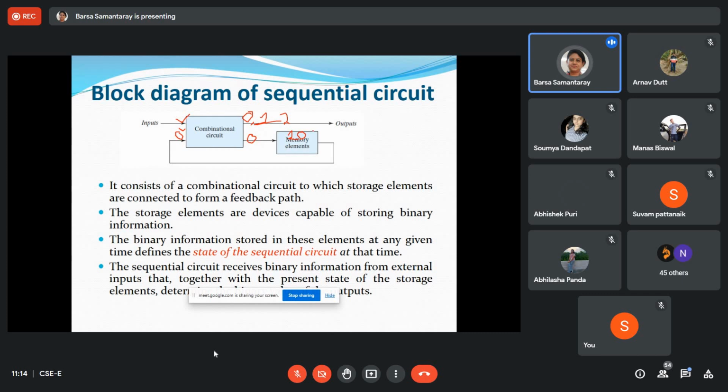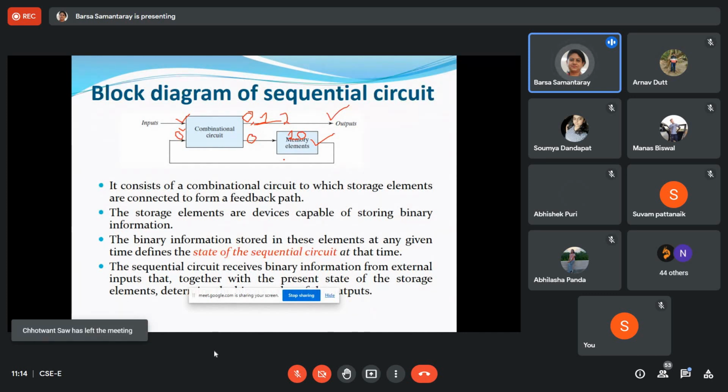So we can say that the content of the memory element is nothing but the output of the sequential circuit. All of you agree? The content of the memory element is nothing but the output of the sequential circuit. Okay, so now our emphasis in the sequential circuit is on what the memory element is, and what type of memory element we are discussing.